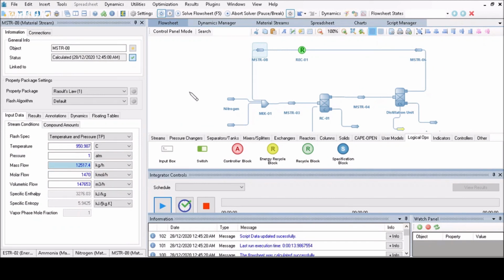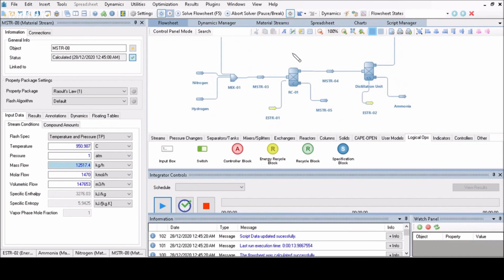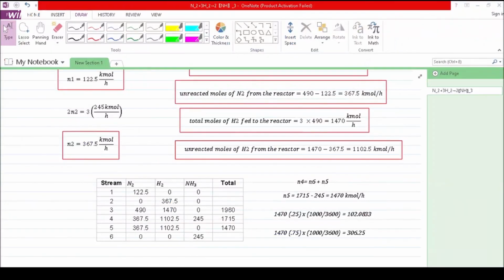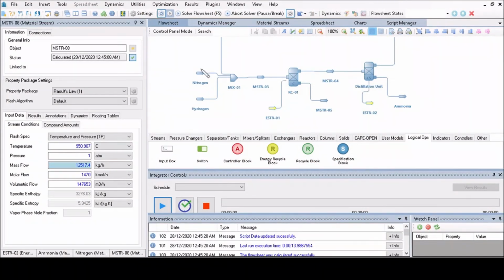We can further validate our simulation by looking at this, which is our stream 3 based on the diagram, and this is our stream 4. So in our calculations, we have solved for stream 3 to be 1,960, and in our simulation we got 1,960.